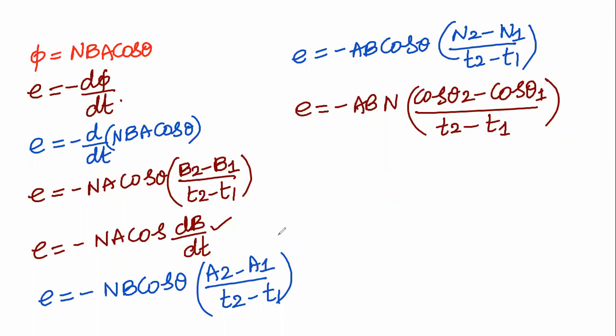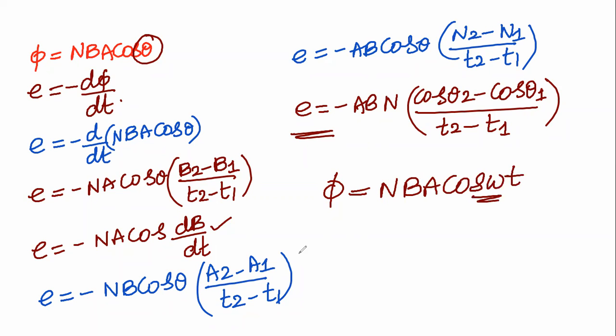Okay, like this we may take. Induced EMF is nothing but voltage or potential. Instead of theta, we may take omega t also. Flux phi is equal to NBA cos omega t.